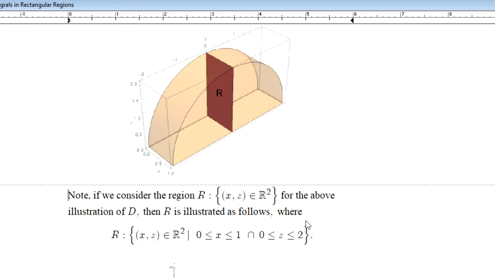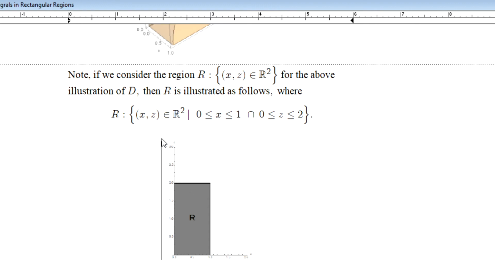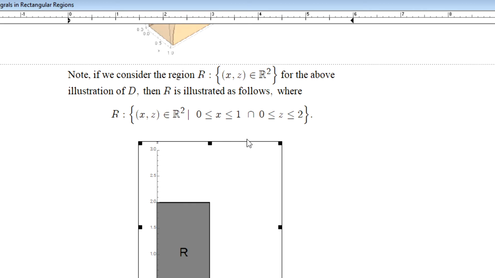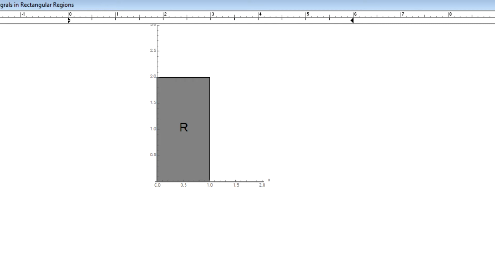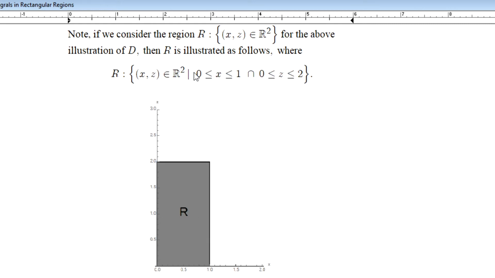If we consider region R as this region of space in 2 dimensions described by x and z, it's this description right here. Or formally we can say this about x and z. That is the region of space describing R now for this new setup.